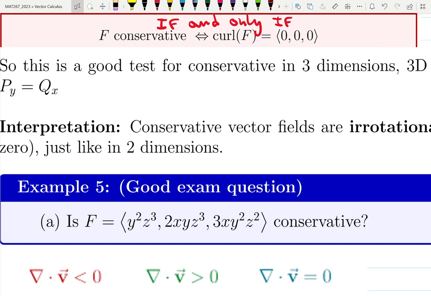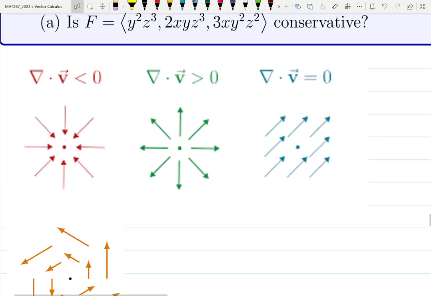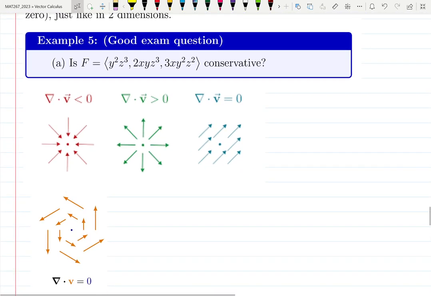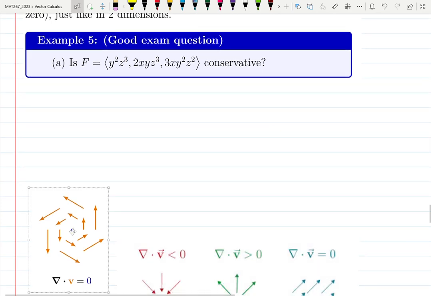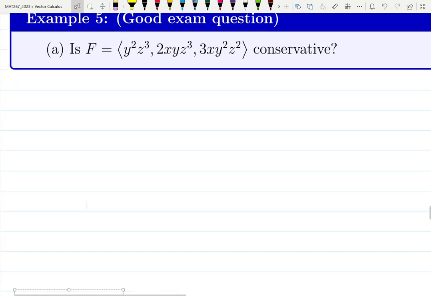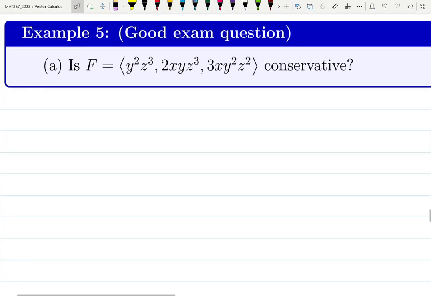Oh, I didn't leave space here. Here is the question. Let me make some space. Find or check if F is conservative. That's a very nice multiple choice question. And with the B part of it, it has a nice free response question.